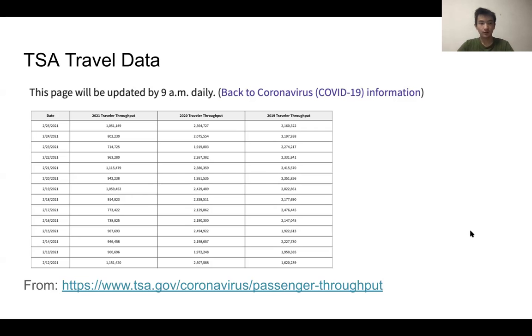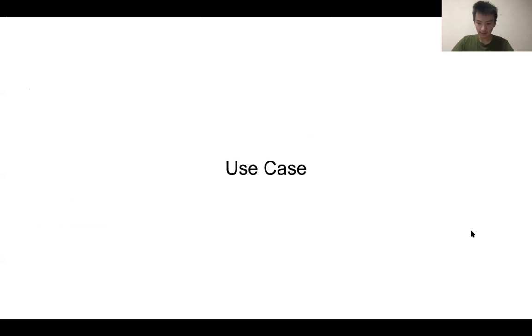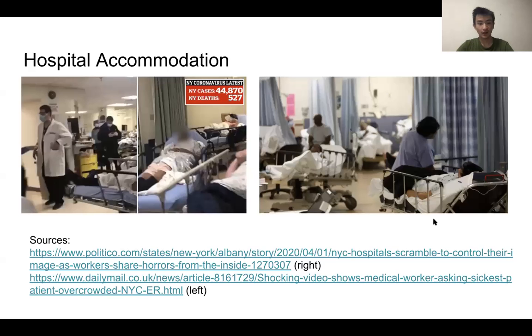All right, so let's talk about the use case. This is the problem that inspired me to choose this topic specifically, and that is hospital accommodation, because of the overflow or overcrowding of patients in hospitals. As a hospital, it's very hard to prepare for the numbers that we're seeing during this pandemic, and really hard to accommodate all of these patients.